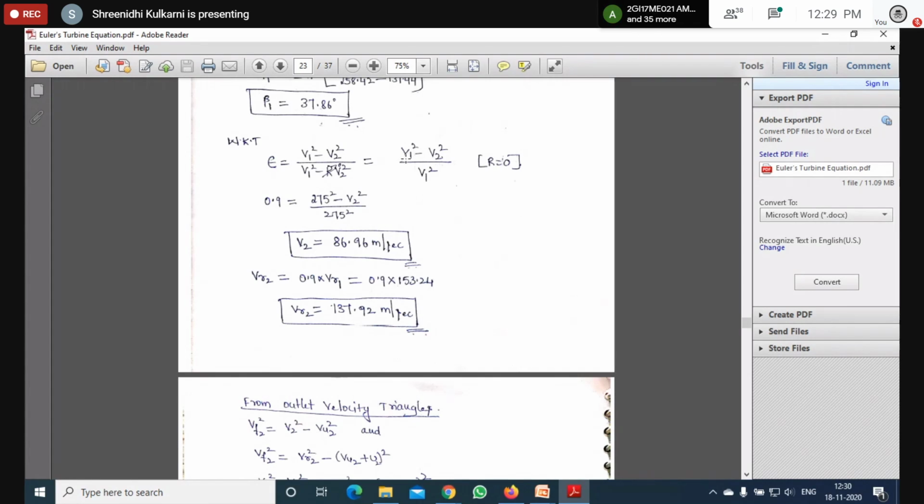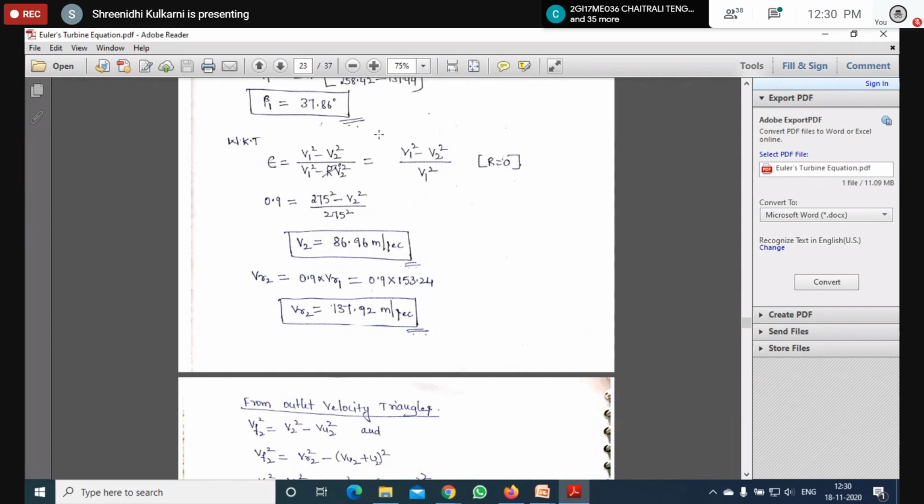Then, since we know epsilon and the absolute velocity at inlet, we can find out V2.